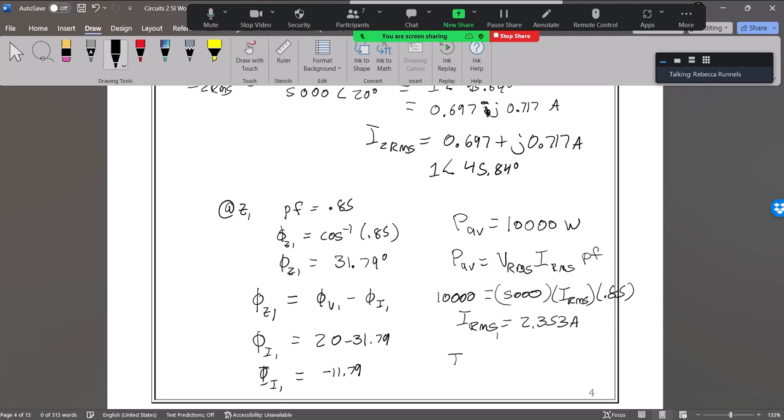And so if I write it completely with the magnitude and the angle, I1 RMS is 2.353 angle negative 11.79 amps.